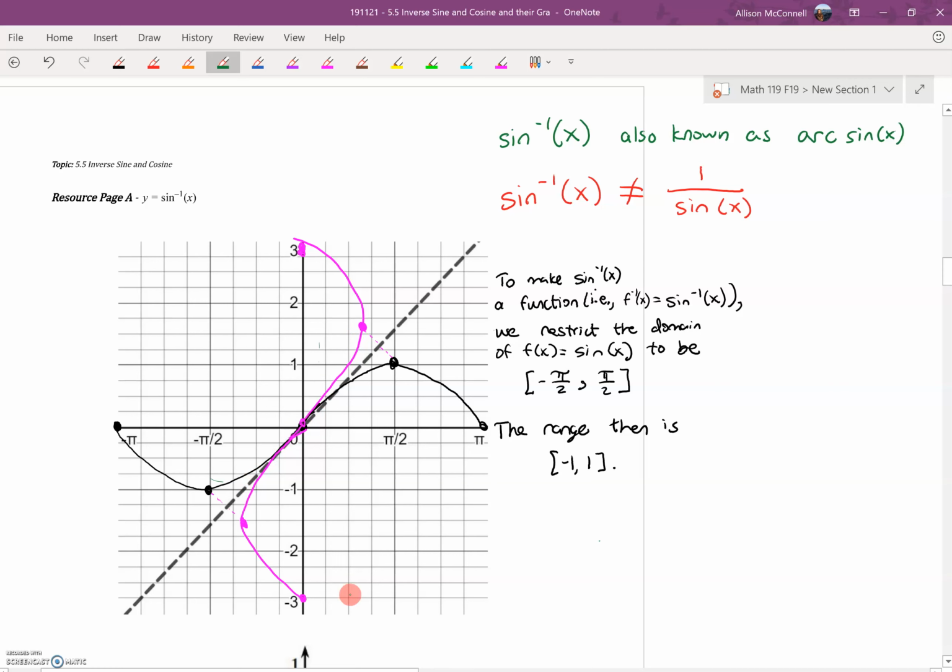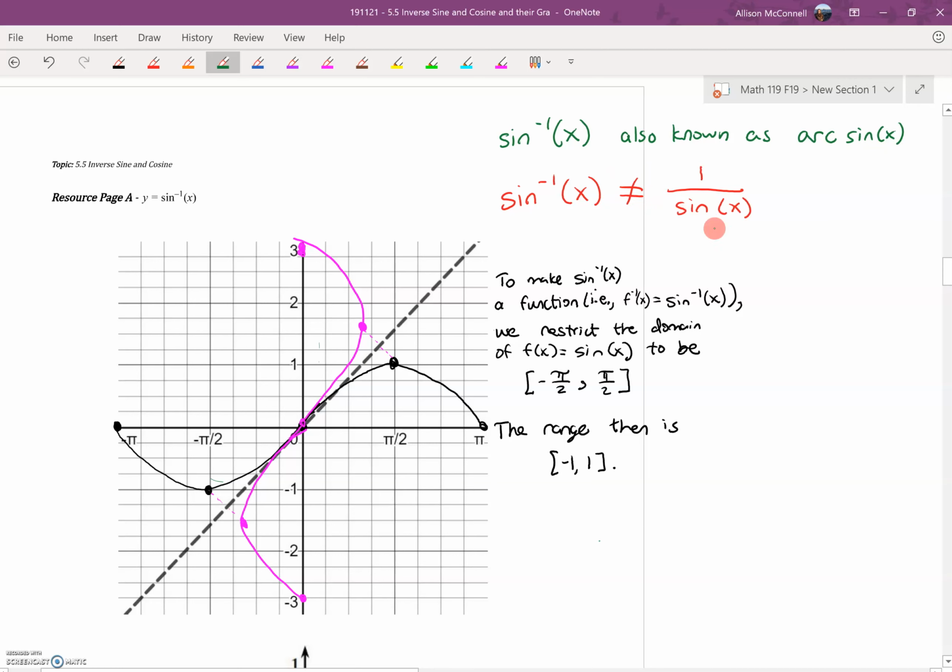If you followed the same sequence, or in some classes we skipped right to 3, so it might be your first time seeing it, but we created a reflection over the x equals y line, since that will give us the inverse. What we want to remind you of is that the inverse sine of x, which is equivalent to arc sine of x, does not equal 1 over sine of x.